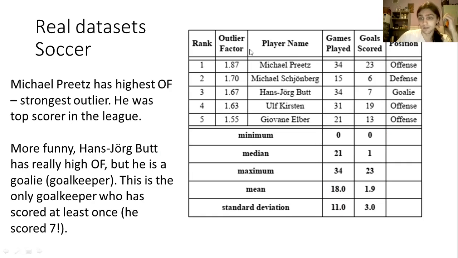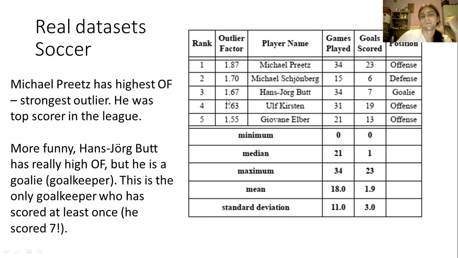Our algorithm has gotten another interesting, good result. It's this rank 3 person.